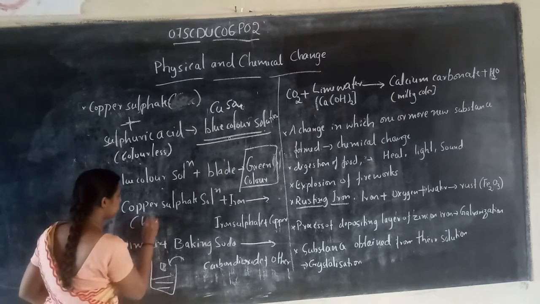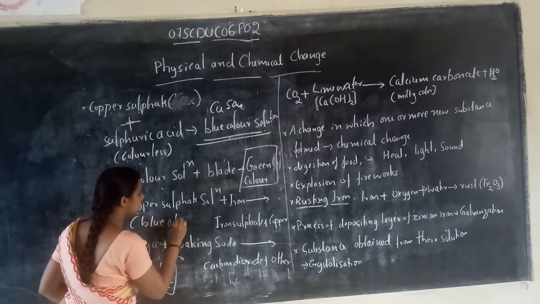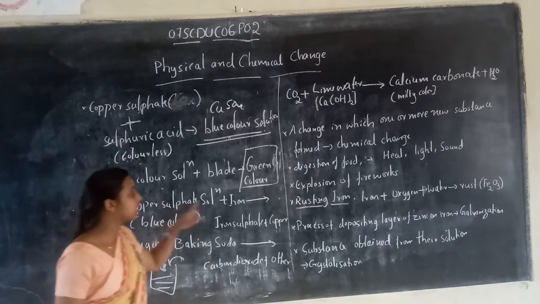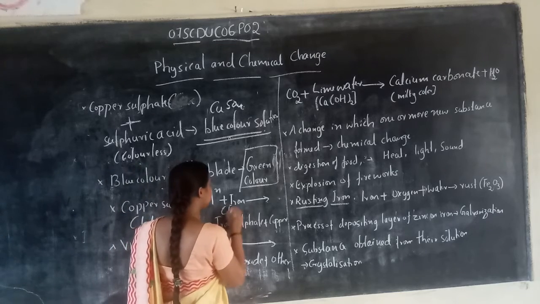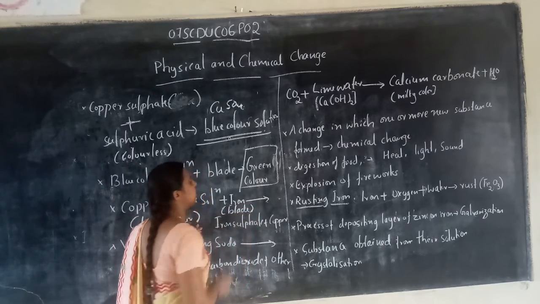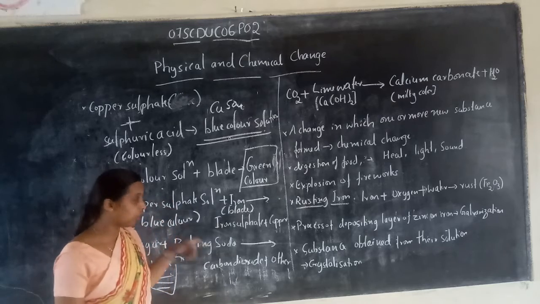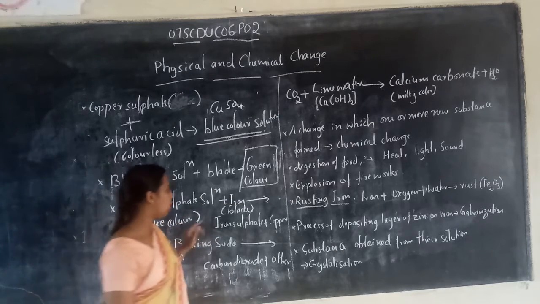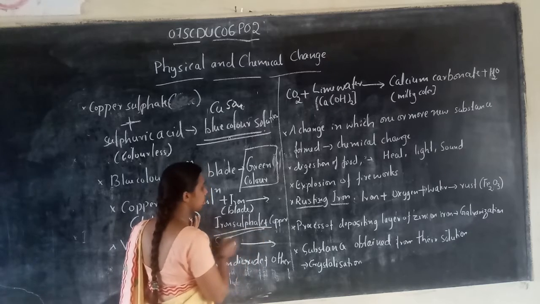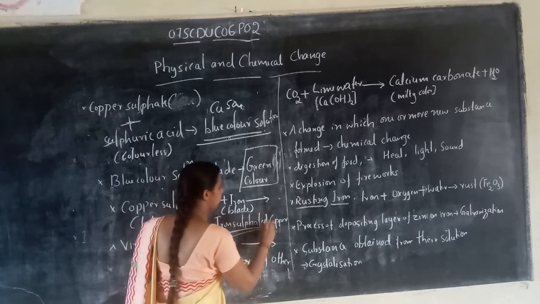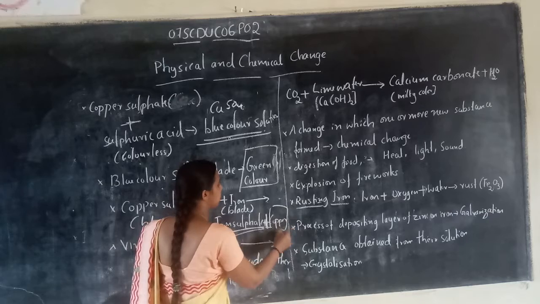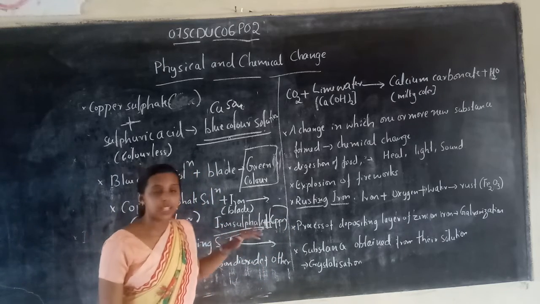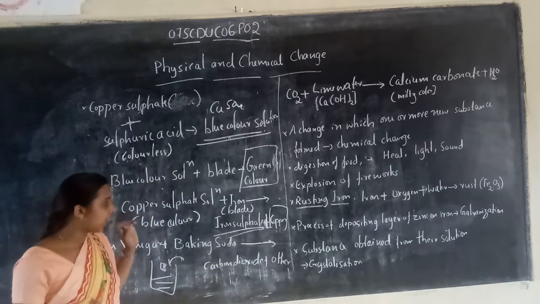When it is treated with iron, here taken as a shaving blade, they form iron sulfate and copper. The side product is copper and iron sulfate is the major product.